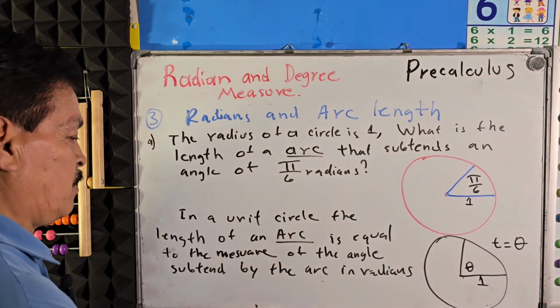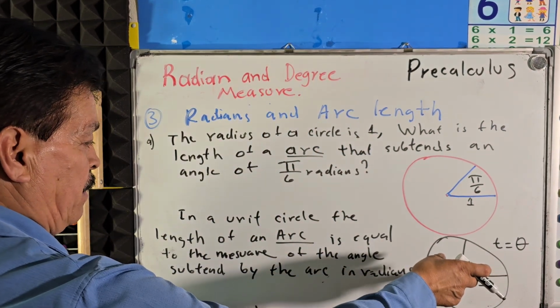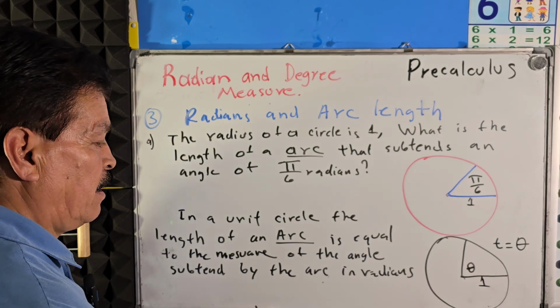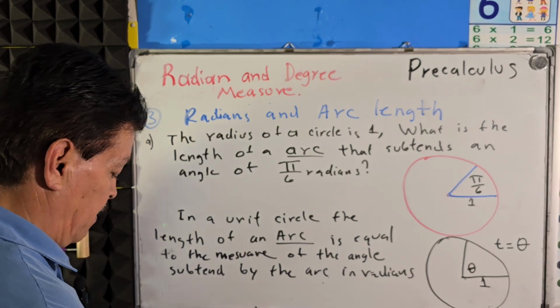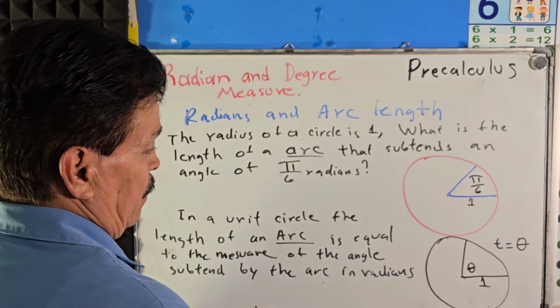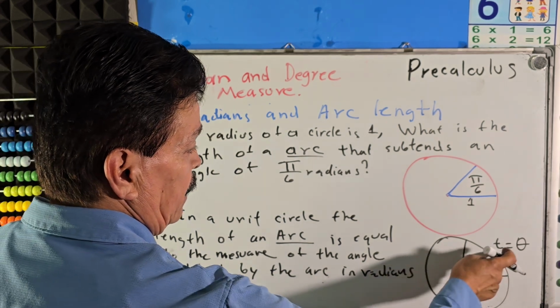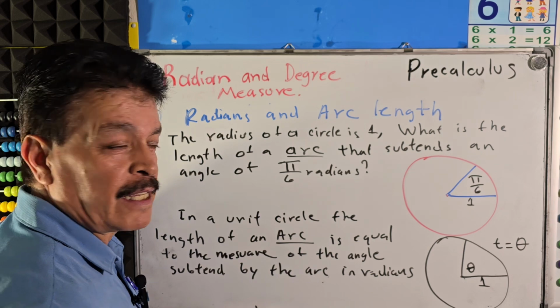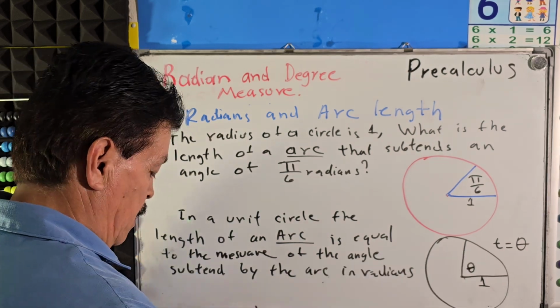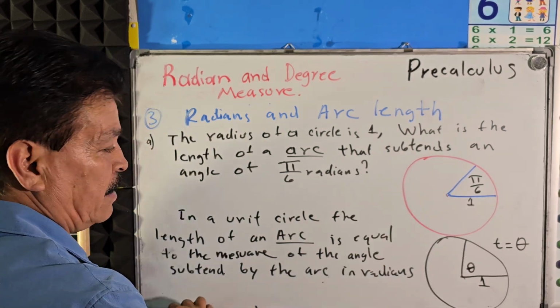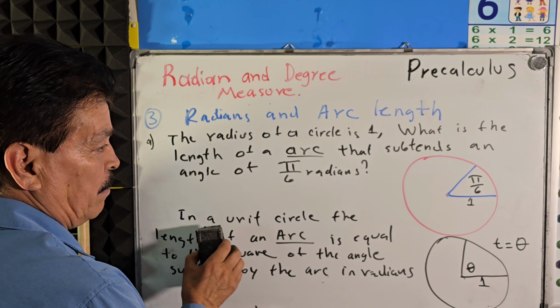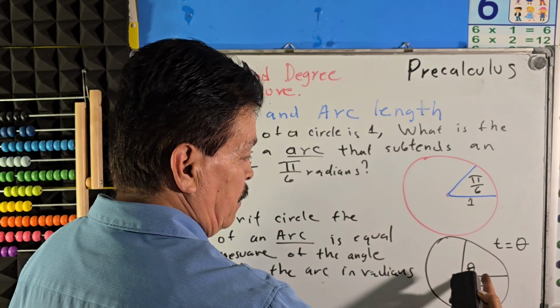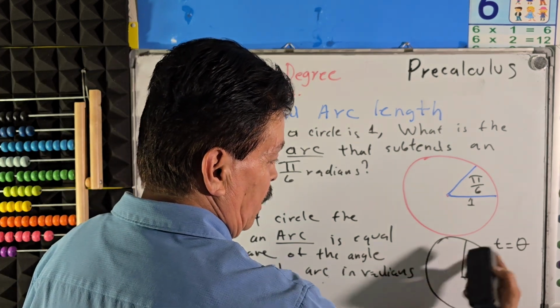The measure, the length. So that's the graph. I mean t is equal to the angle here, in radians. This is the symbol, this is the concept. So got it? This is equal to this angle.